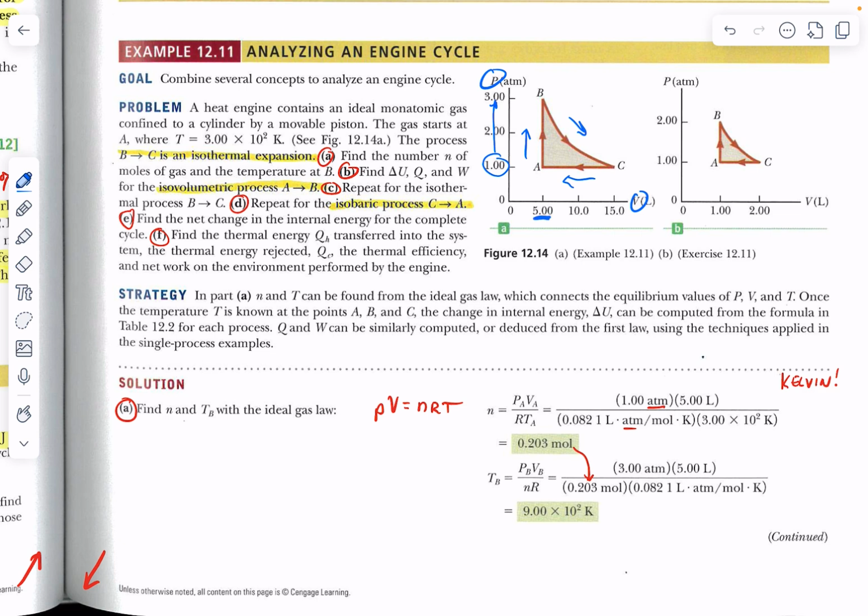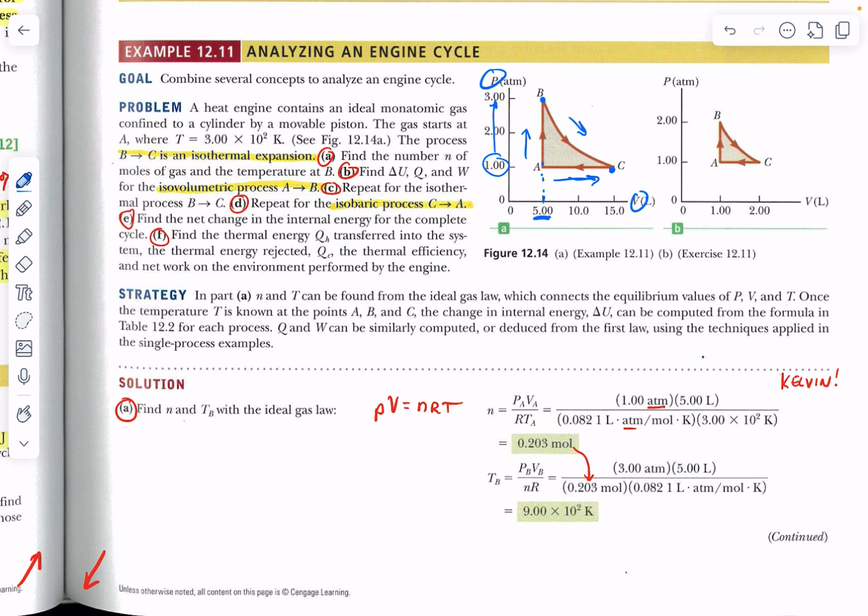The volume stays at 5 and doesn't change. And then in part B, we go from a pressure of 3 down to a pressure of 1, but in the process, my volume goes up by a factor of 3. My volume goes from 5 liters all the way up to 15 liters.